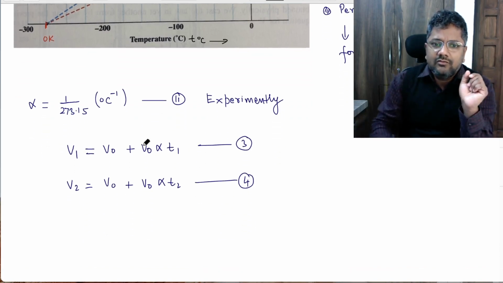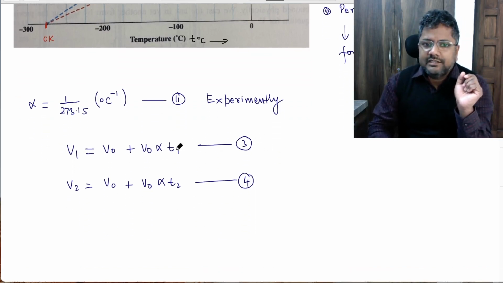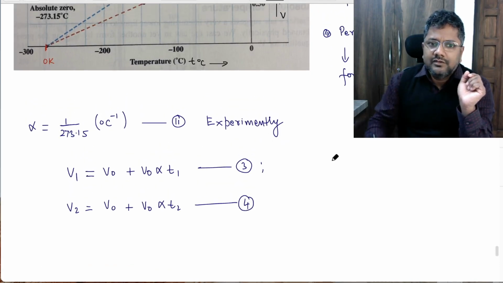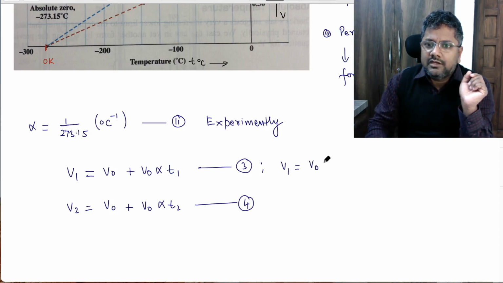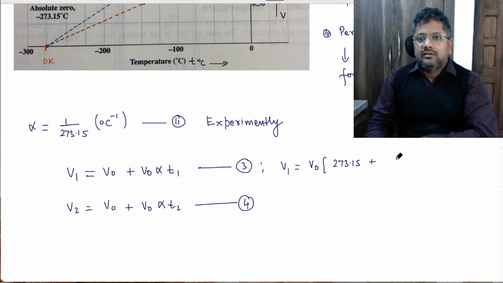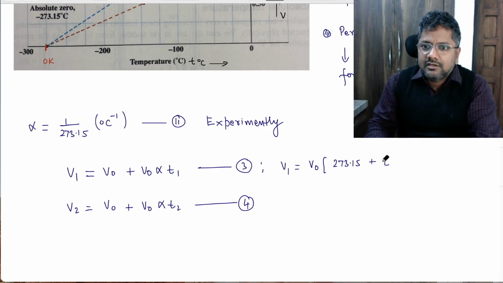Okay, now you can simplify this equation 3. You can write here V1 is equal to V naught into (273.15 plus T1) by 273.15.